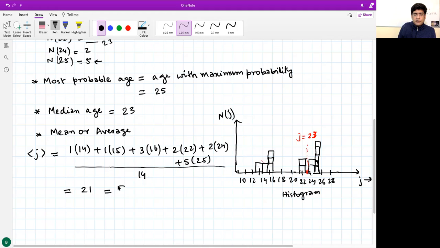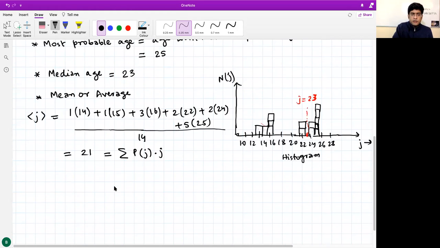Or we can write this as the summation of Pj, the probability of getting an age j, into j. This is how the mean of a quantity is defined. You have to remember this, and it is very important from the quantum mechanical point of view: summation j pj.